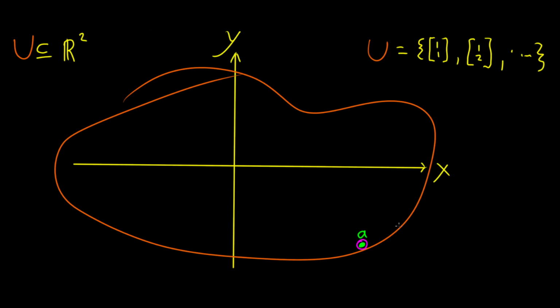Okay, but notice, what if I choose my A to be on the wall of the subset?